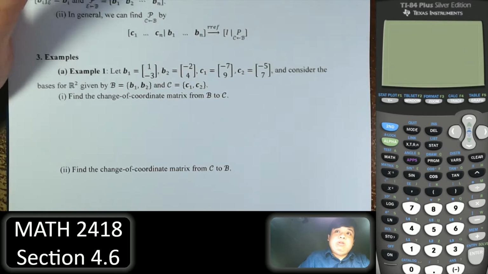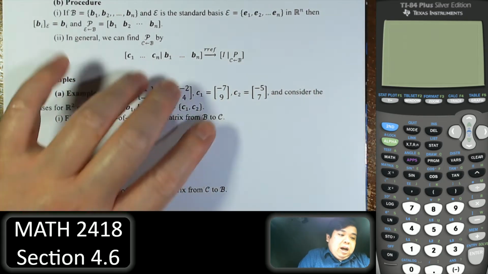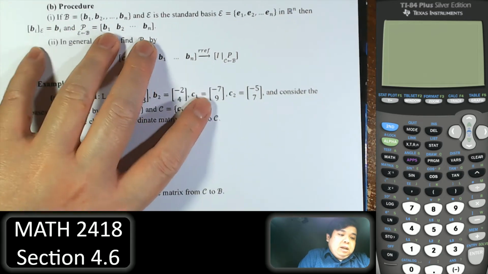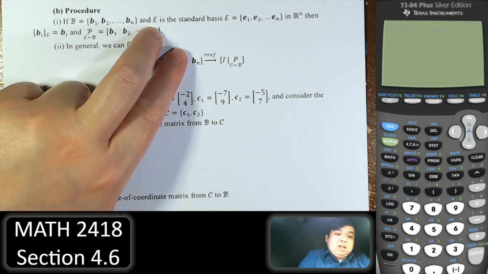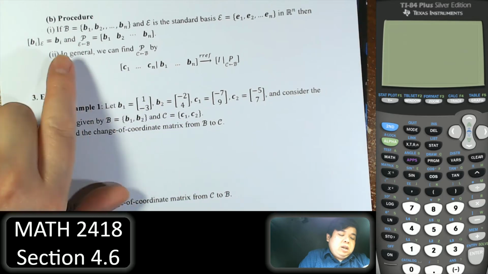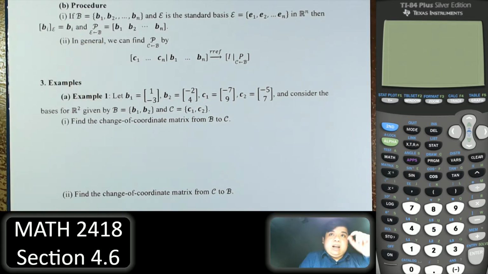Now, how do we find that matrix? Well, this is how we find it. If B is the basis and E is the standard basis, then we just write the set of those bases.